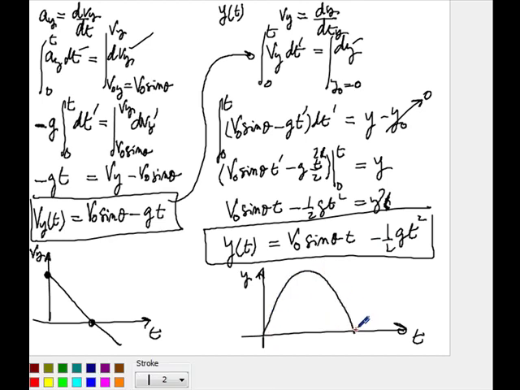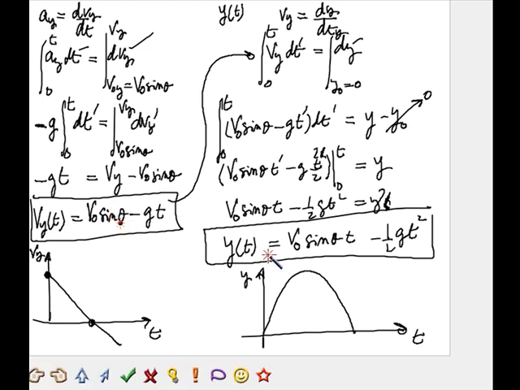Everything that we derive in the y direction should be exactly the same as the one-dimensional case, with the only difference of the component of the initial velocity. The rest should be the same. And again, this highest point refers to the crossing intersection between Vy and t in the other description of the motion.